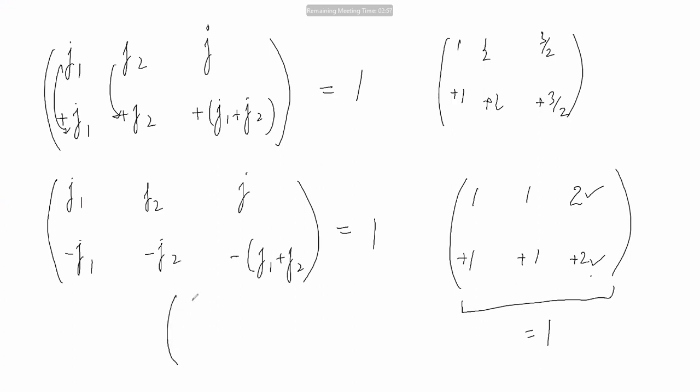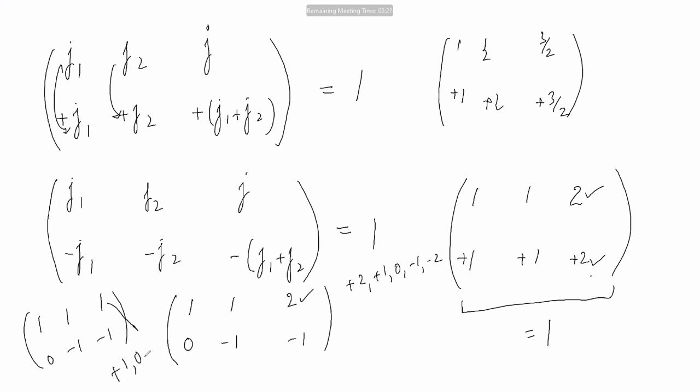But the other possibility of this 1 1 could be 0 minus 1. Then it will be minus 1. And minus 1 you can achieve from 2. Minus 1 you can also achieve from 1. Because 2 can have a projection plus 2, plus 1, 0, minus 1, minus 2. 1 can have a projection plus 1, 0 and minus 1.